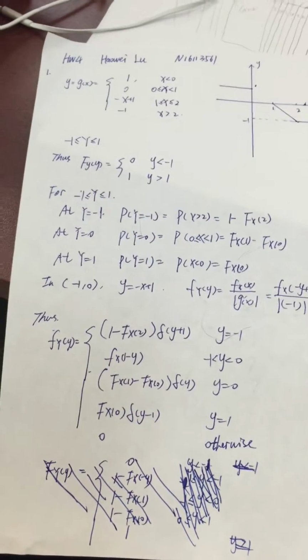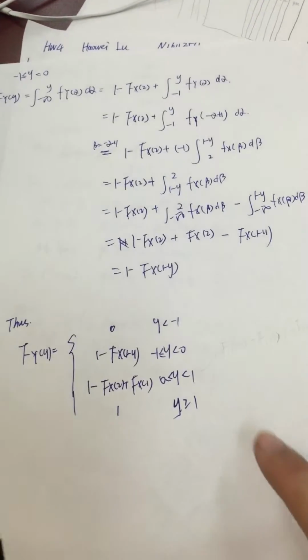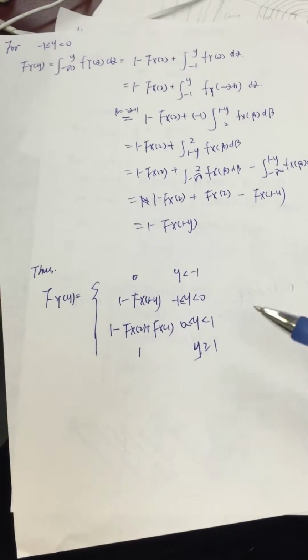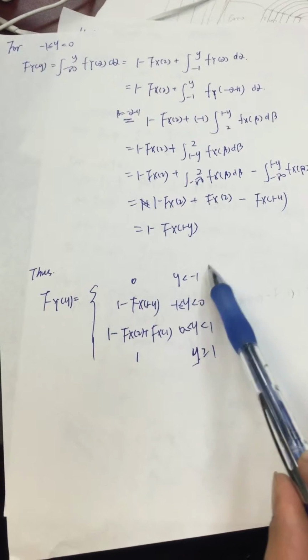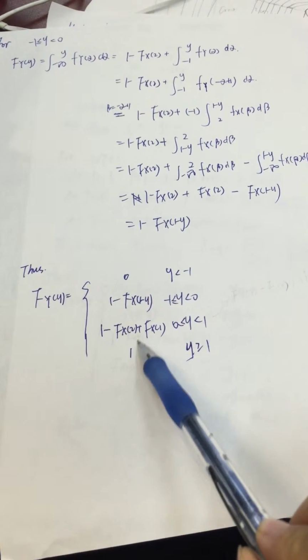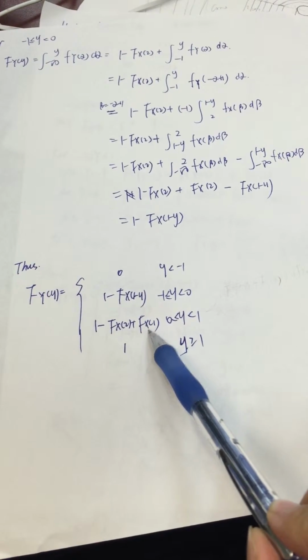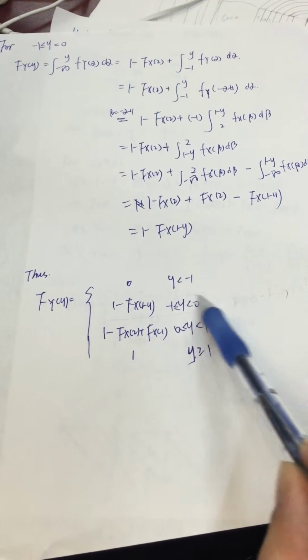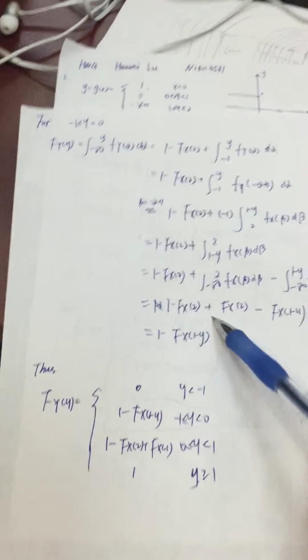Otherwise, it is all 0. Then we need to calculate the distribution function. It is very easy to get the values at 0 and 1: 1 minus Fx(2) plus the distribution function of 1. The middle part is the tricky part.